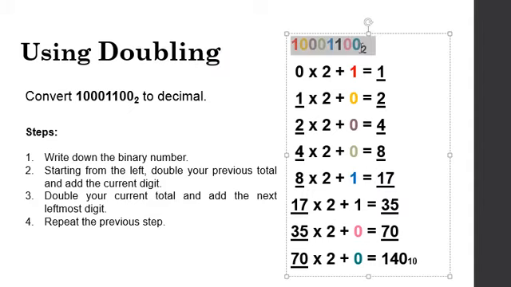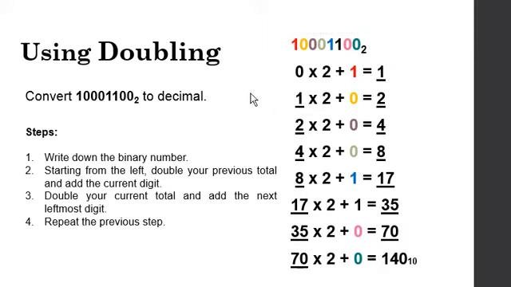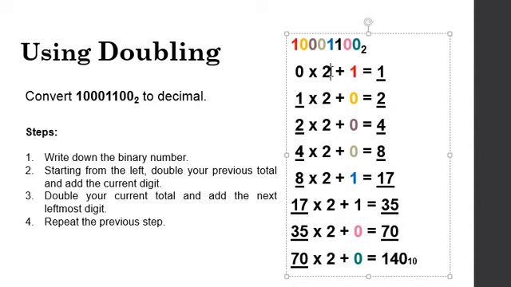Again, we have base or radix 2 because this is constant for binary digits. How do we start? Always take note that whenever you use doubling, you always start with 0 times 2. Where did I get 1? Since I've already arranged that, for you to easily understand, I've matched their colors.